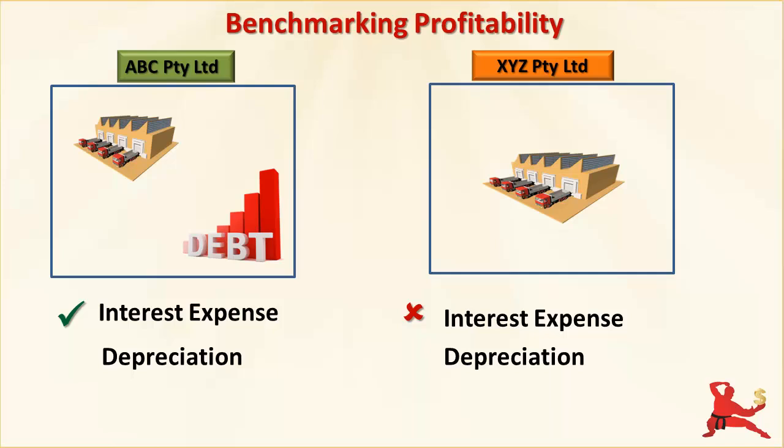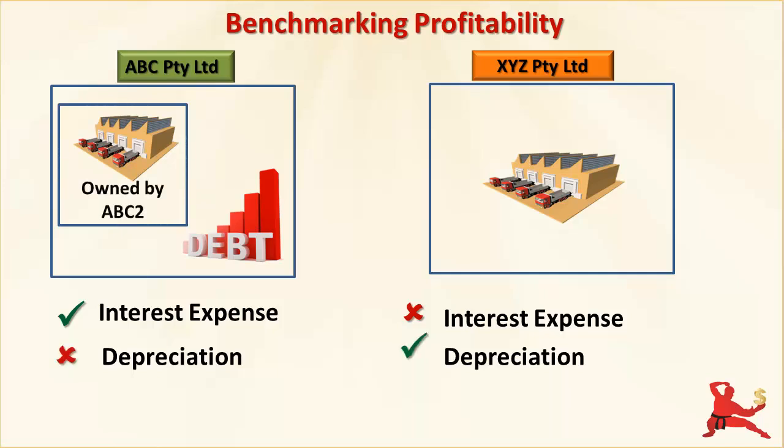There is depreciation expense associated with fixed assets like factories and trucks. But what if ABC holds these assets in a separate entity called ABC2? ABC no longer has depreciation as an expense in its profit numbers, but XYZ does. EBITDA margins provide a better basis for comparison, but it's not perfect. ABC could be paying rental to ABC2 for the factories and may have some sort of service contract for the use of the trucks.